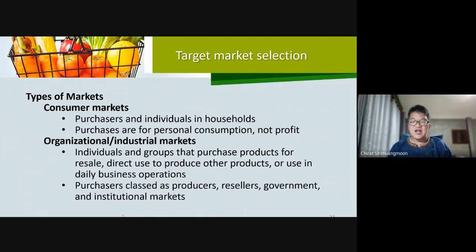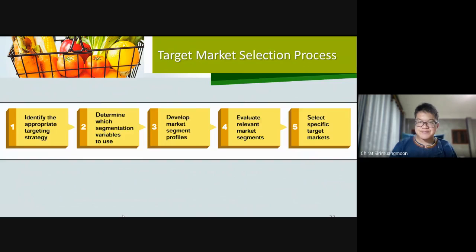The other is organizational or industrial markets. You buy for other purposes, like wholesale, retail, or to produce other products, to process food products, for example. So this is organizational industrial markets.